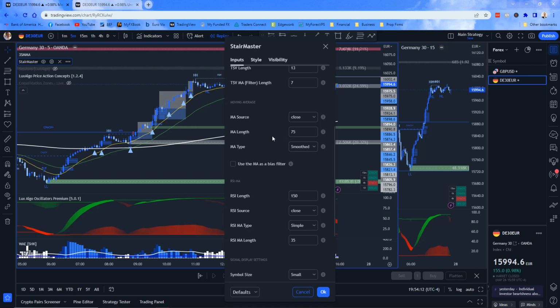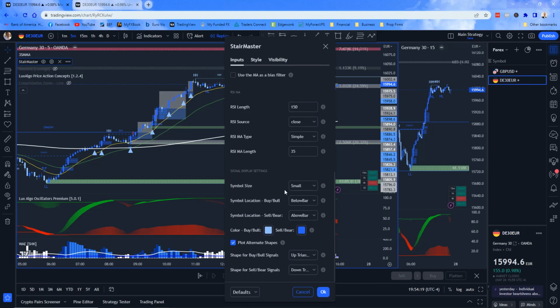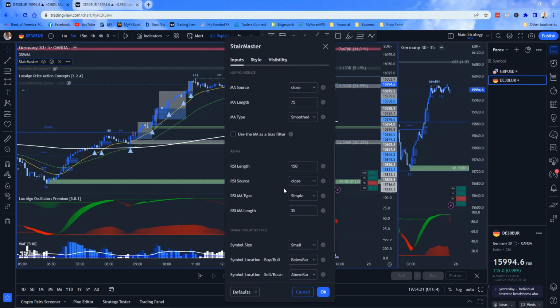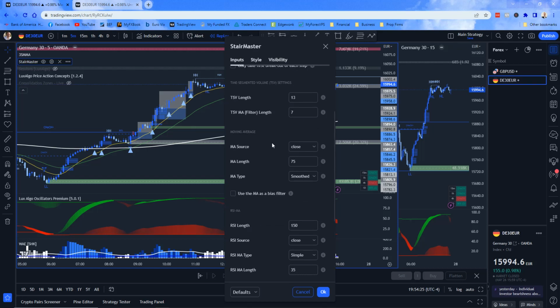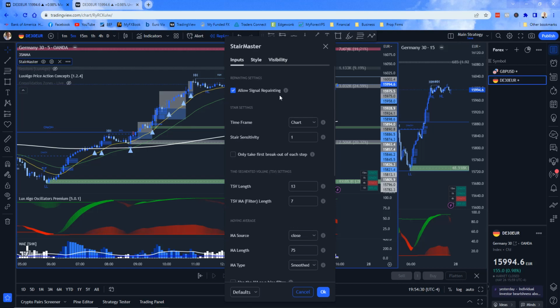I like smooth; you can put anything you like, but I just like smooth. Everything else is pretty much stock, default. But one change I do make is stair sensitivity: I drop that all the way down to 1.